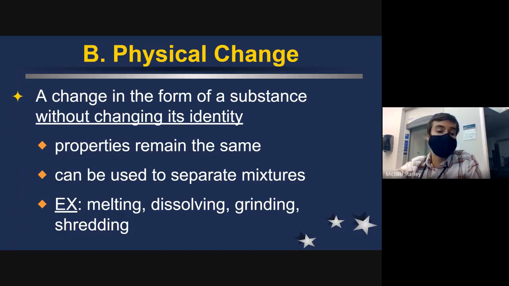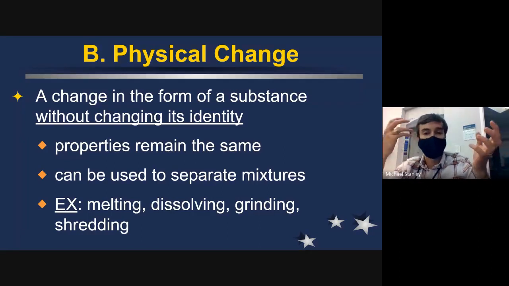It just has changed state. It's melted, and it's gone through one of those 6 phase changes that we talked about on Tuesday. And it went from solid water to liquid water. Still the same water, did not change the identity of the water. We just changed its form from solid to liquid.